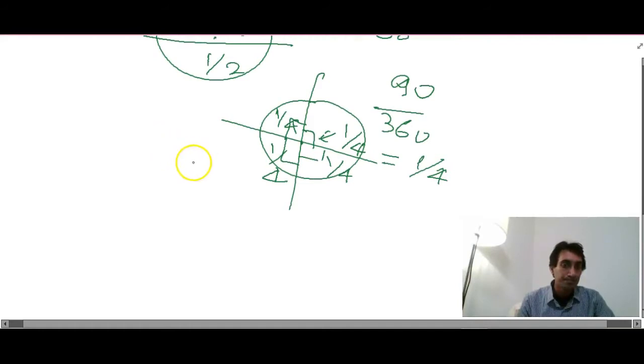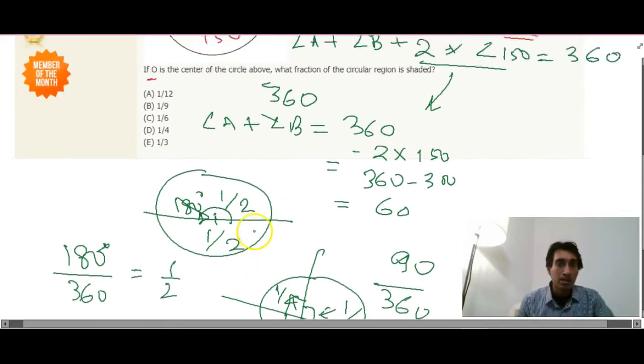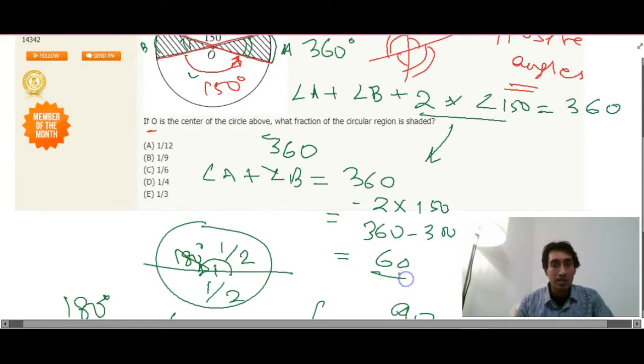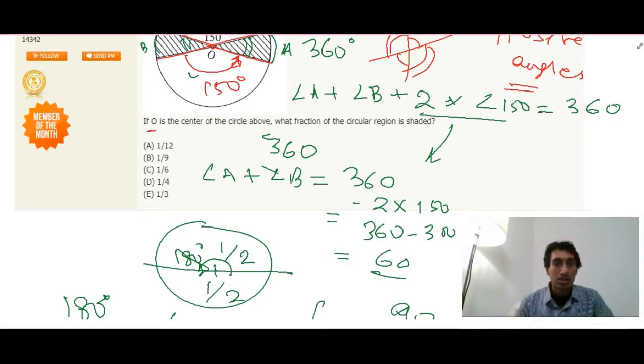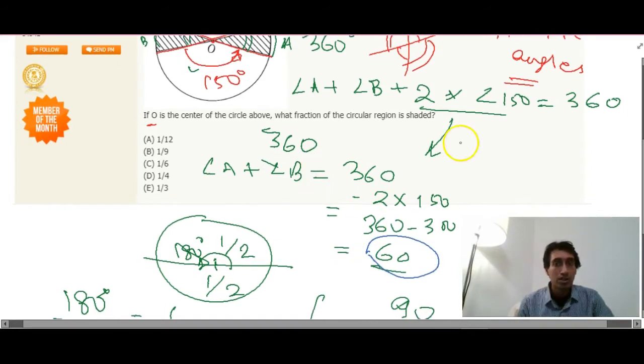Similarly, in this example, this angle is 180 degrees, so the area subtended is 180 divided by 360, which is equal to half. Similarly, if the angle subtended by the shaded region is 60, the area will be 60 divided by 360, which is equal to 1 by 6. So our answer is 1 by 6.